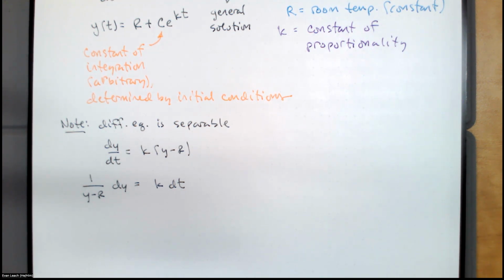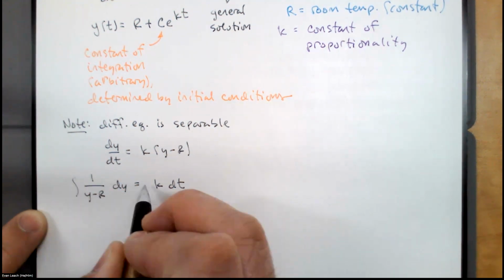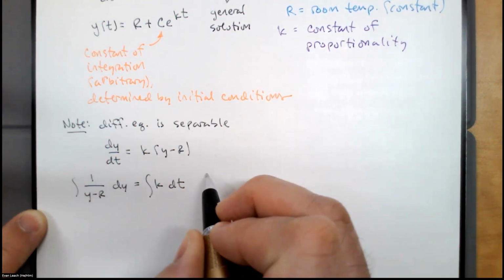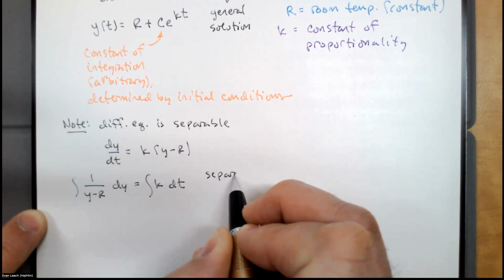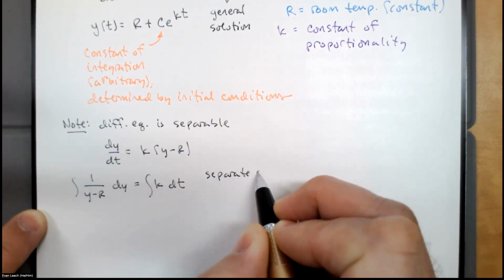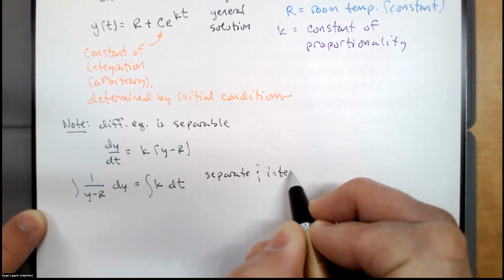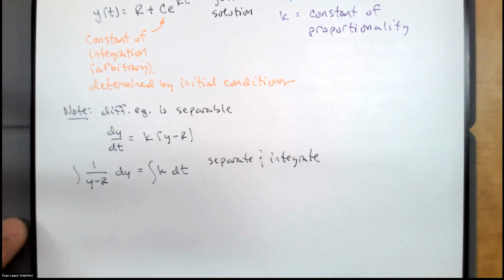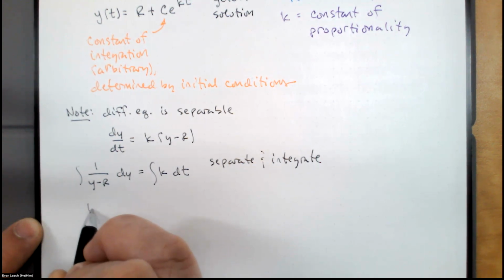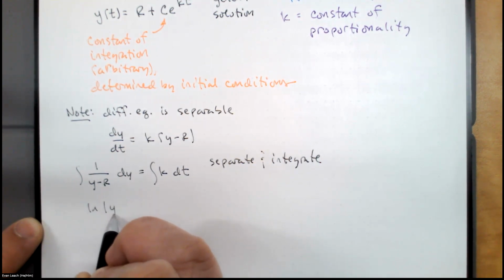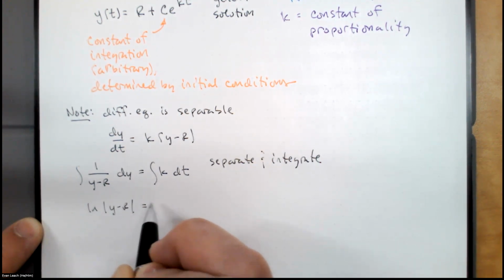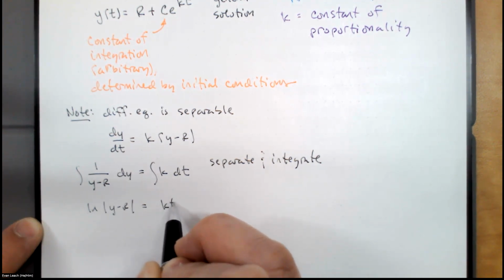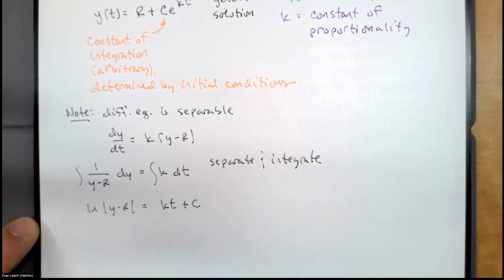I have to move things over by multiplication and division so that we can integrate. So we're going to separate and integrate. On the left, we get the natural log of the absolute value of y minus R. And on the right, we get kt plus C.